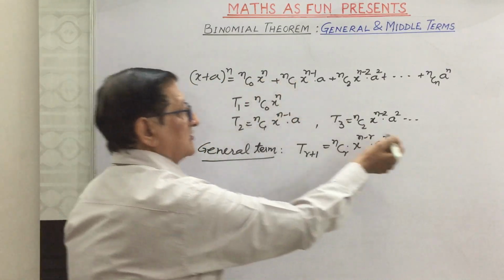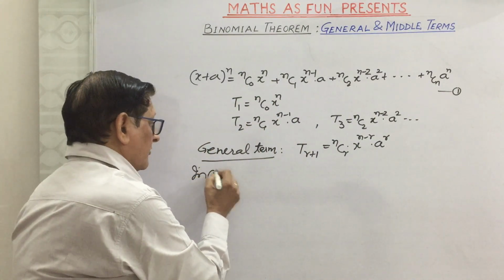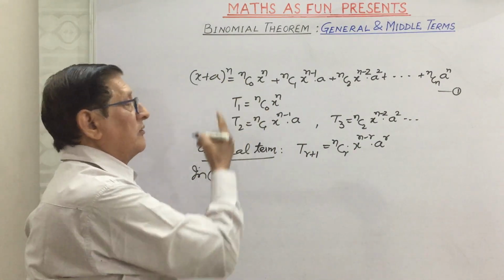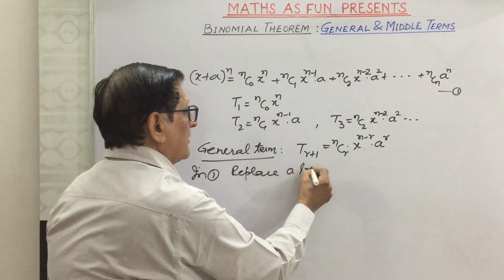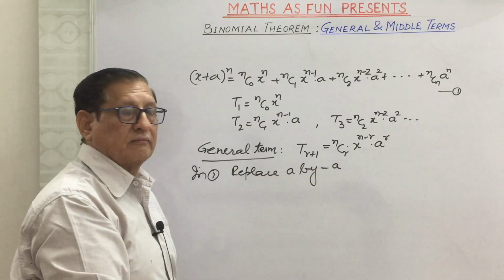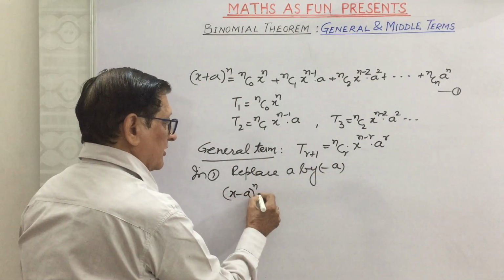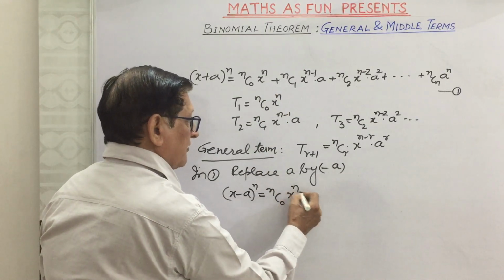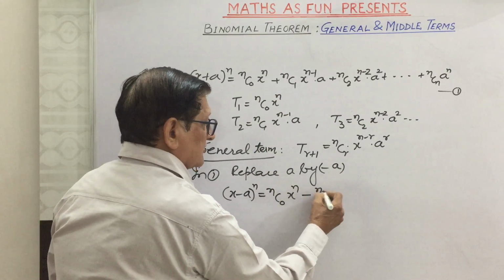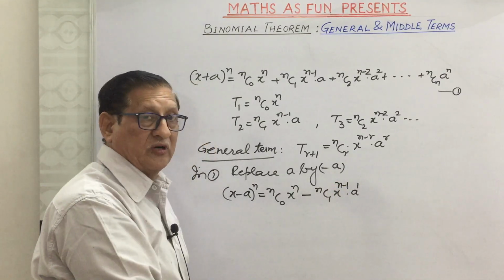If we write this first expansion as 1, and in 1 we replace a by minus a, then this will become (x - a)^n = nC0 x^n - nC1 x^(n-1) a^1. Why?